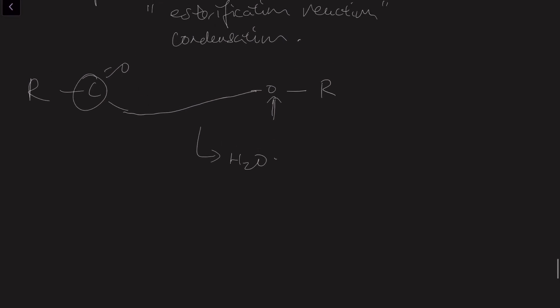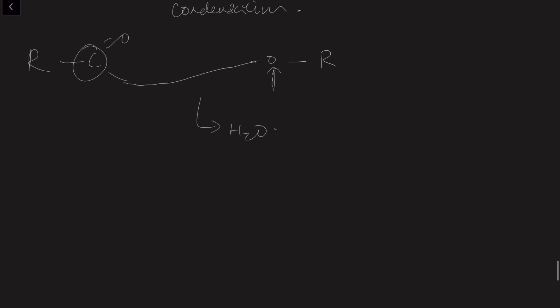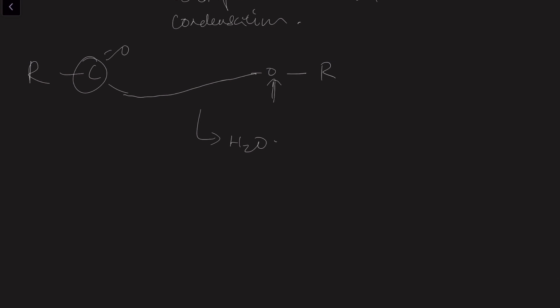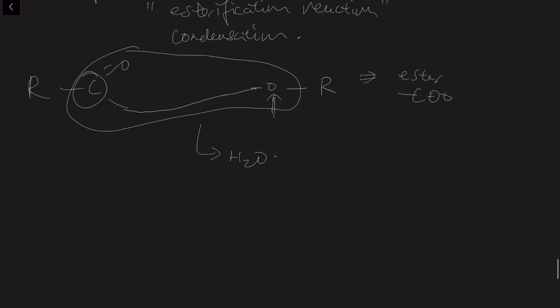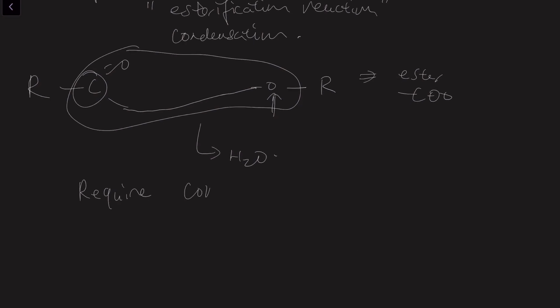This is the essence of our condensation reaction. The product is ester because of this ester link, or the COO group. For this reaction between carboxylic acid and alcohol, we require concentrated sulfuric acid as the catalyst.